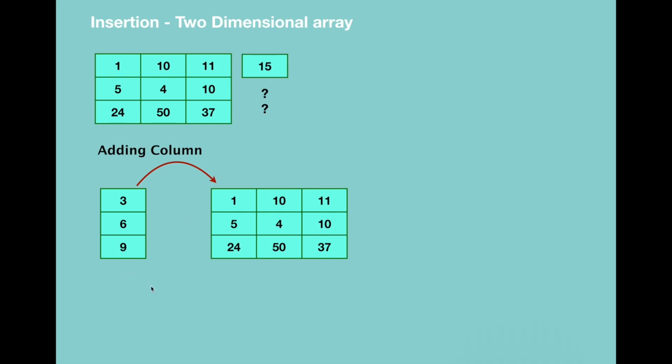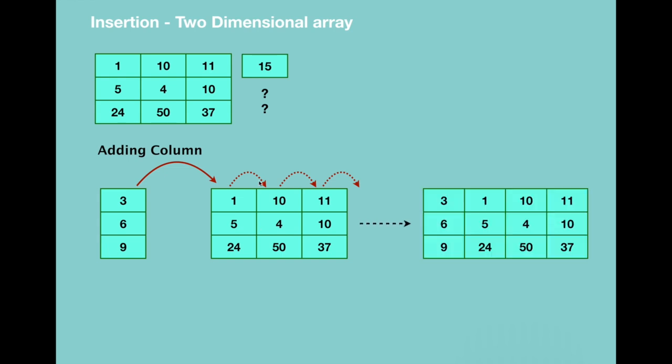In this case, when we add this column over here, the columns in the 2-dimensional array have to move one step right. Otherwise, we cannot insert this column in the first column. So this is going to be like this. It's going to be added at the 0 index. So all the rest of the columns will be moved one step right.